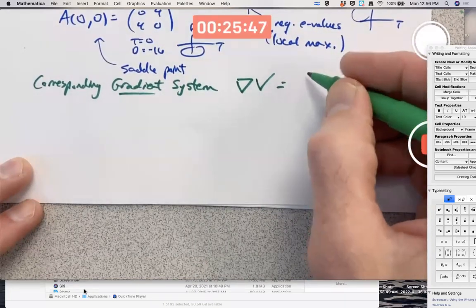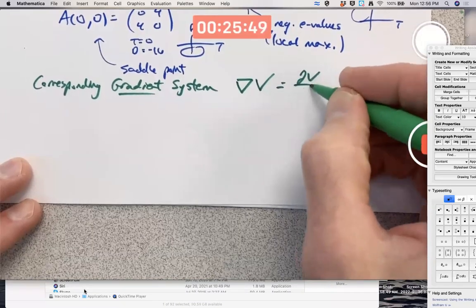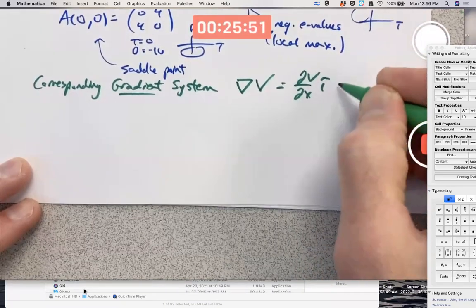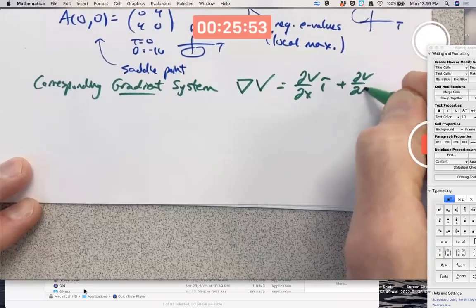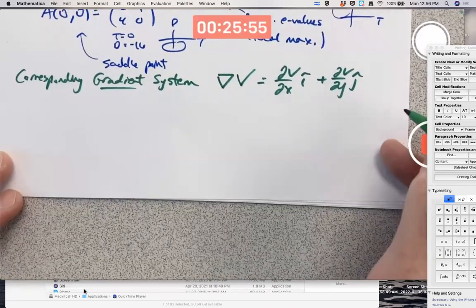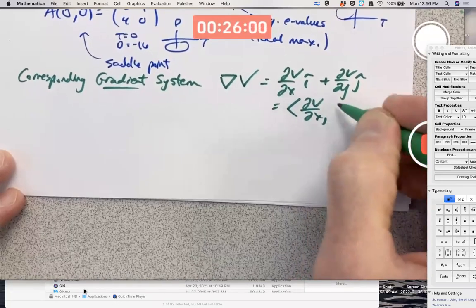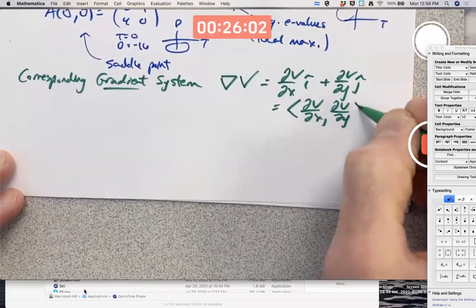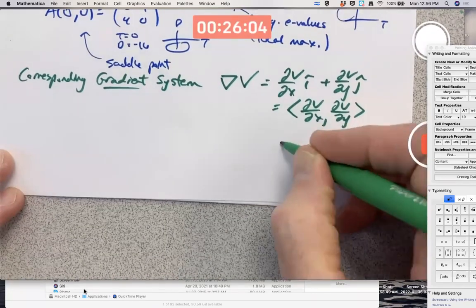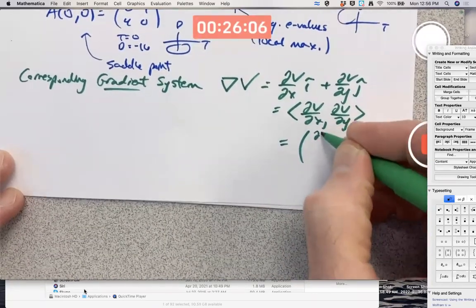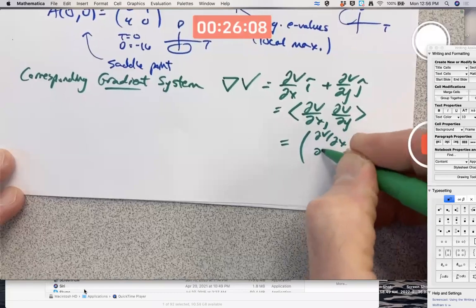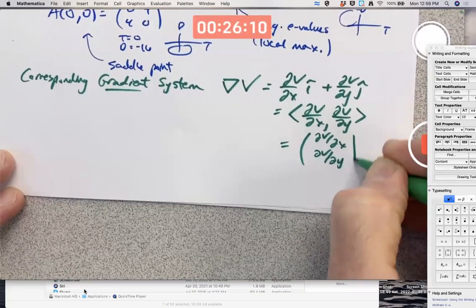With i hat and j hat notation, you could write it like this. In multivariable calculus, you'd probably write it like this. In this class, we'd probably write it as a column vector. I'm saying all these things are equal.